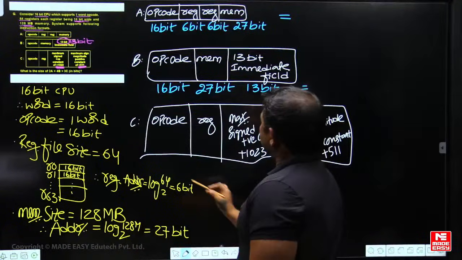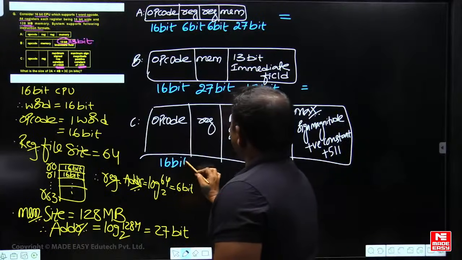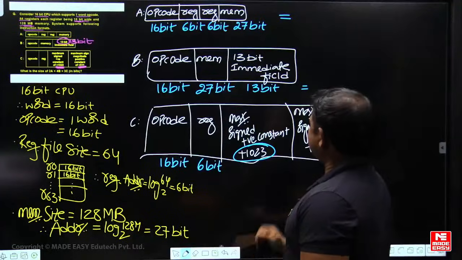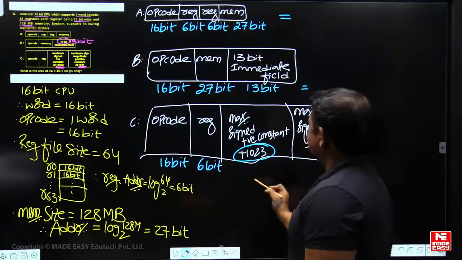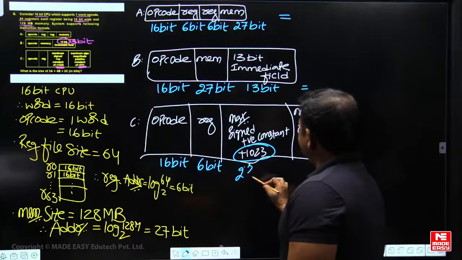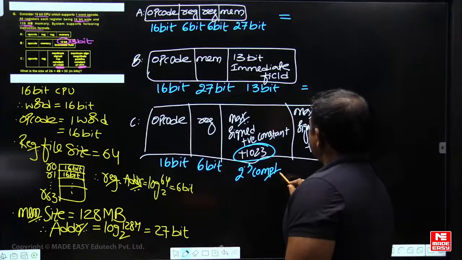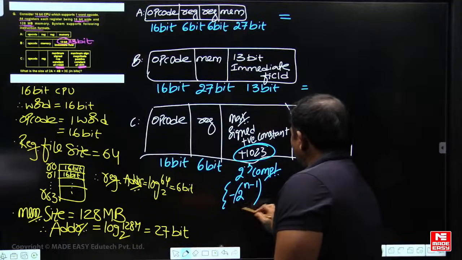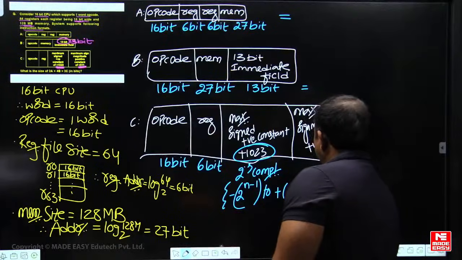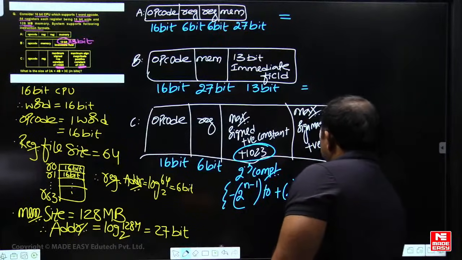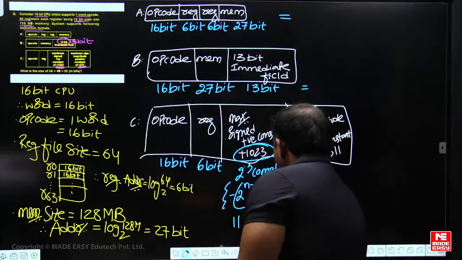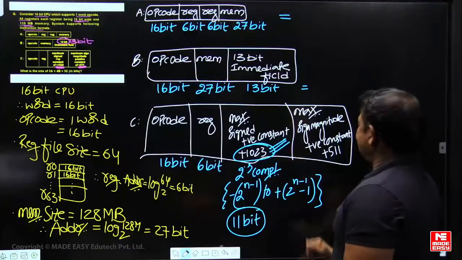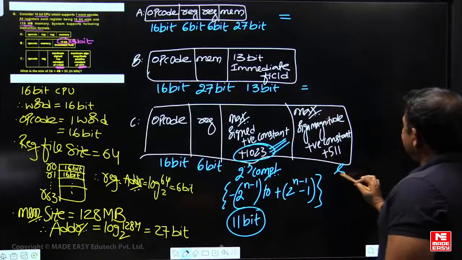That is B. Then C: opcode is 16 bits, register is 6 bits. Okay, maximum signed constant. What is this? The 2's complement range is minus 2 power n minus 1 to plus 2 power n minus 1 minus 1. So here if you have 11 bits, then plus 1023 is the constant. Then this is sign magnitude.